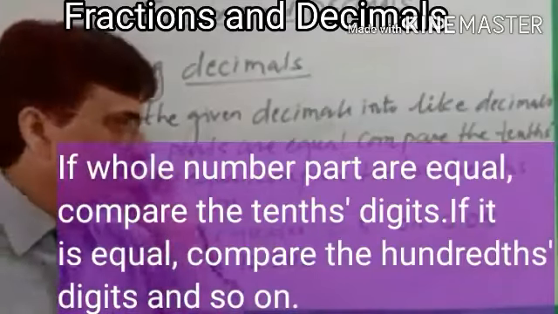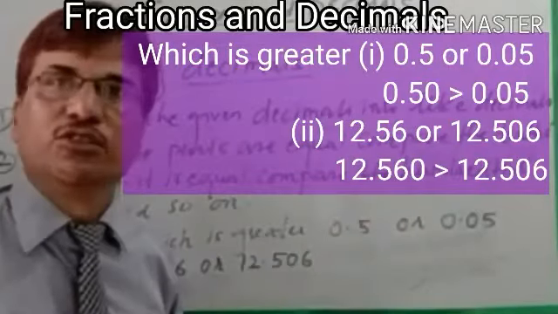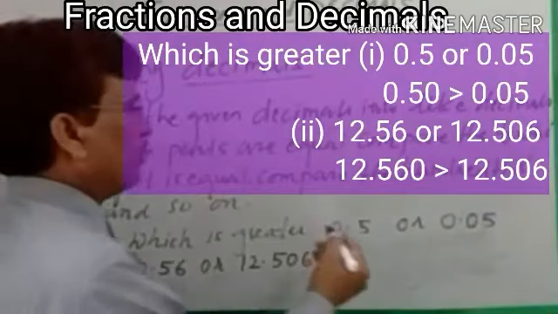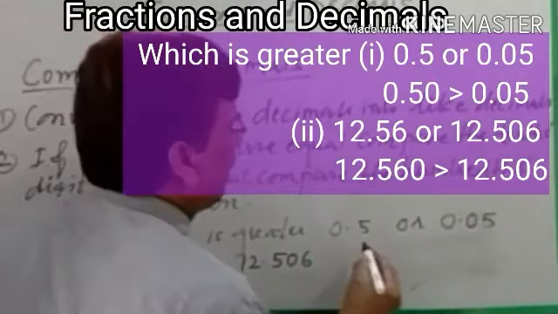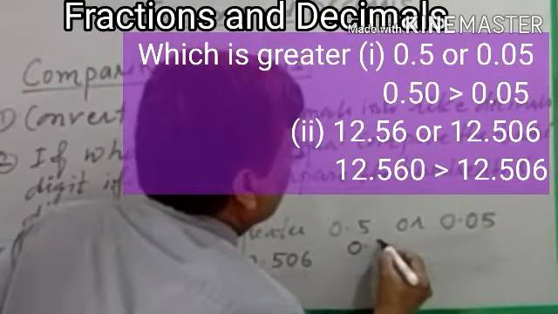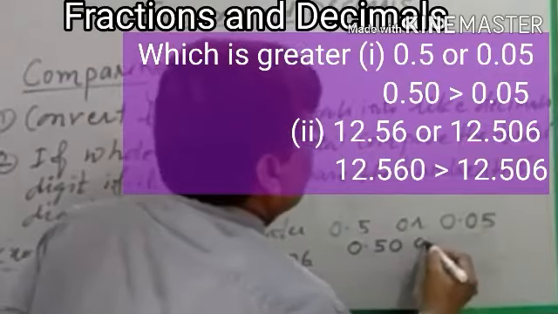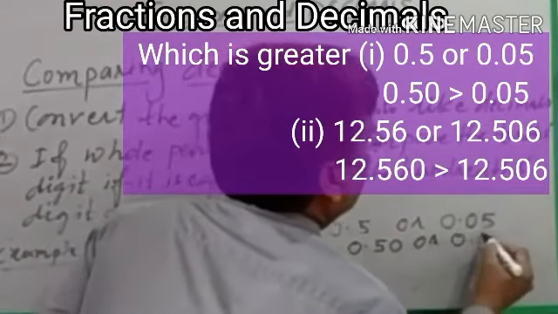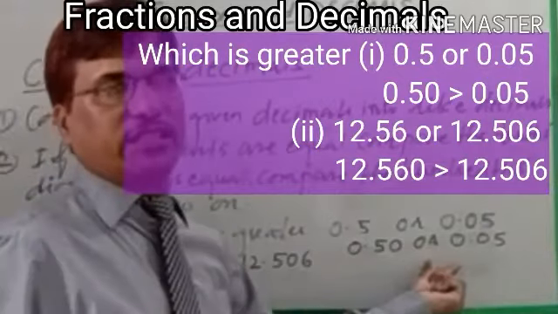We take an example. Which is greater, 0.5 or 0.05? First we have to convert it to like decimals. So 0.5, there is no digit, so you have to put a 0: 0.05. Now they are like decimals.